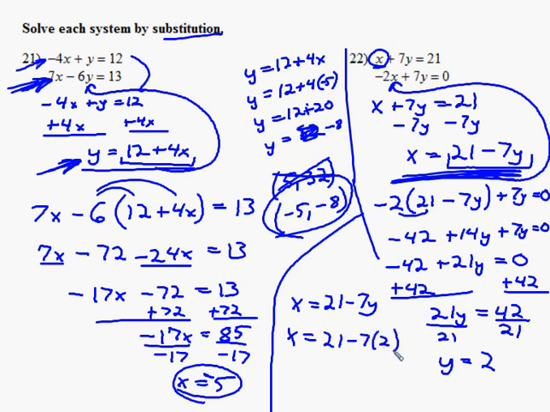So we knew y was equal to 2, so we put 2 in for y. 21 minus 14, we get x equals 7, and so our solution we put as an ordered pair 7, 2. And we could check that equation by plugging 7, 2 back into our two originals, and it works.